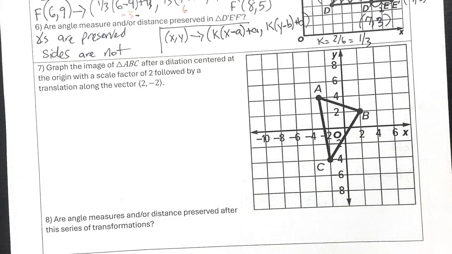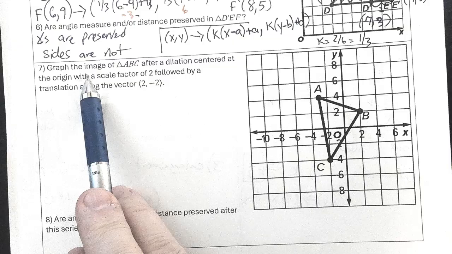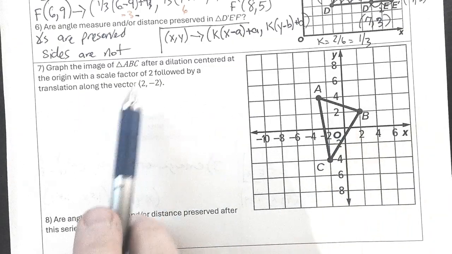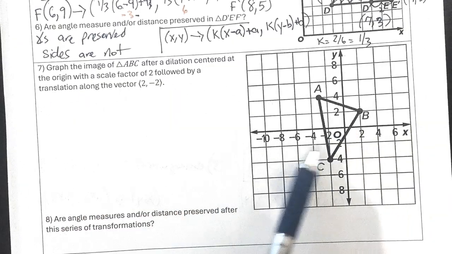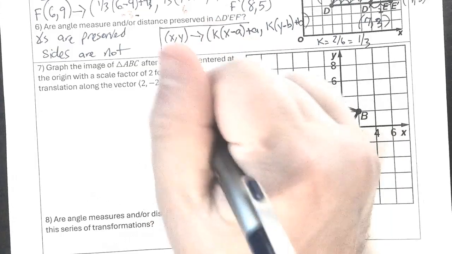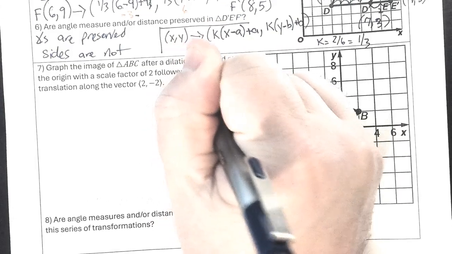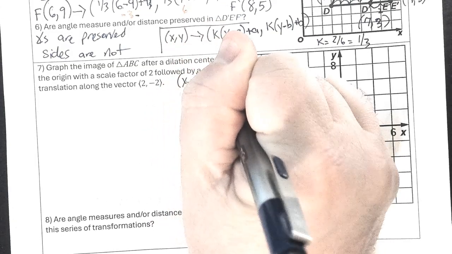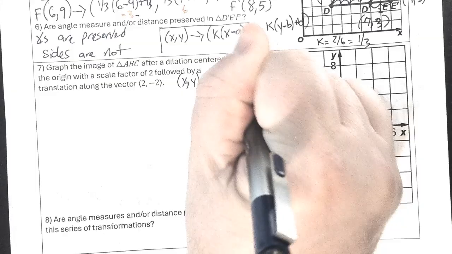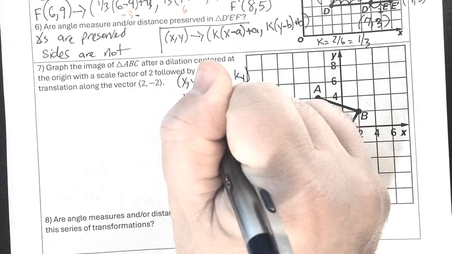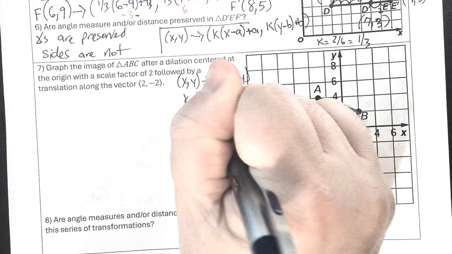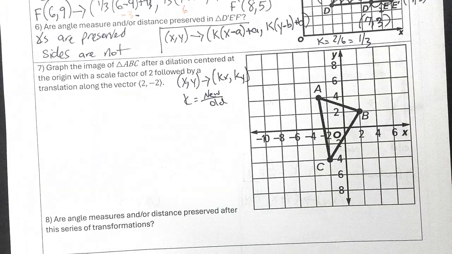All right, number 7. Graph the image. So remember, the pre-image is where we start. After a dilation centered at the origin, so normal rules, x comma y becomes kx comma ky. K is the new over the old, just kind of throwing some info out there.